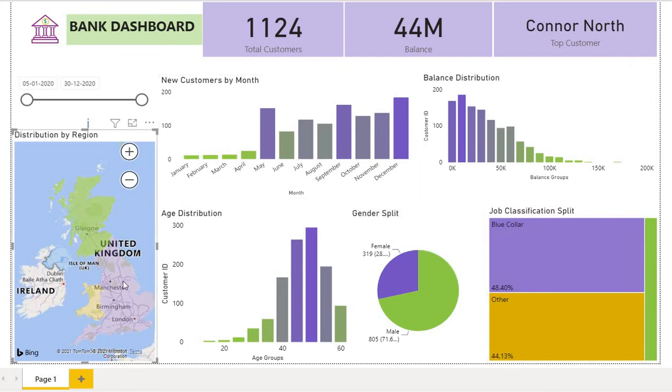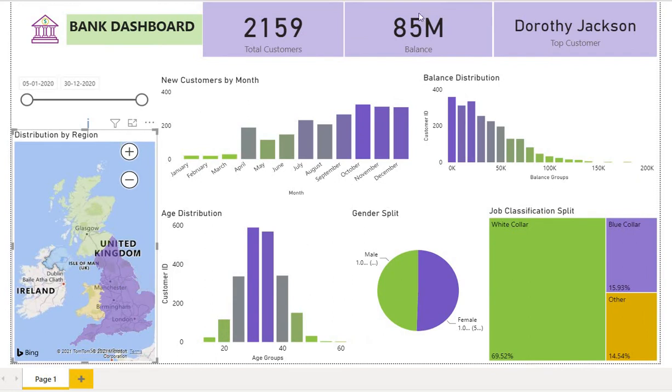Now, let's analyze for the region, let's say England. So let's click on England. And we can see the graph changing again. So over here, for the total customers, there are 2159, which can be calculated as approximately 50% of the total customers in our bank. And the balance is also quite high, which is really good, which is 85 million.